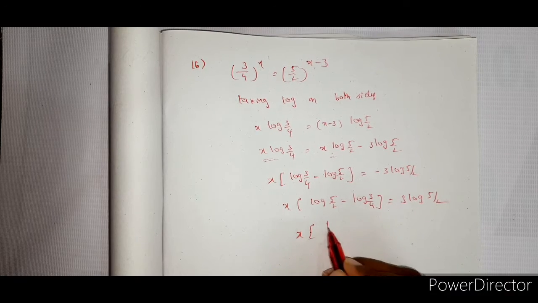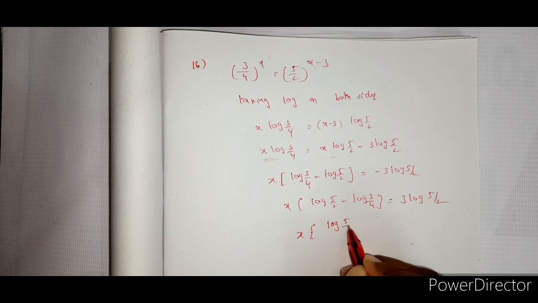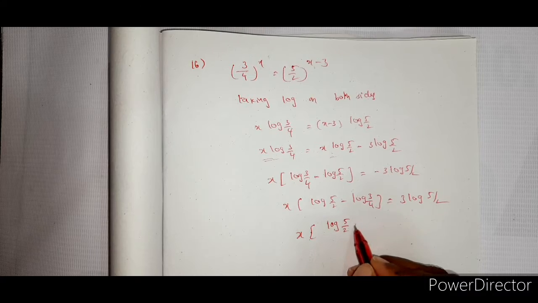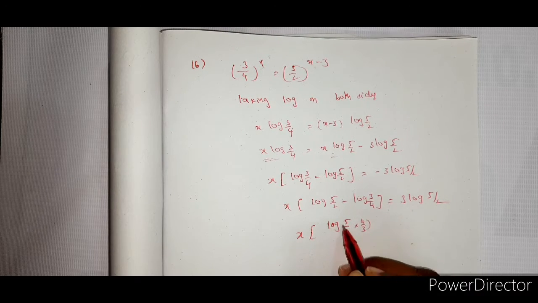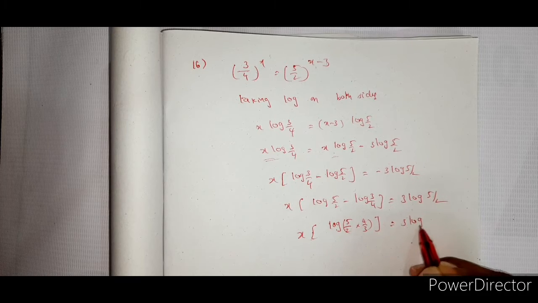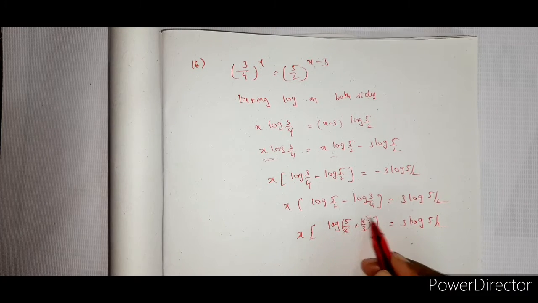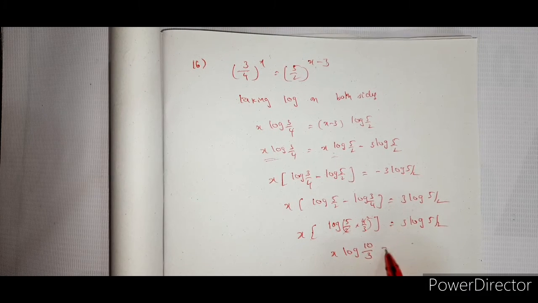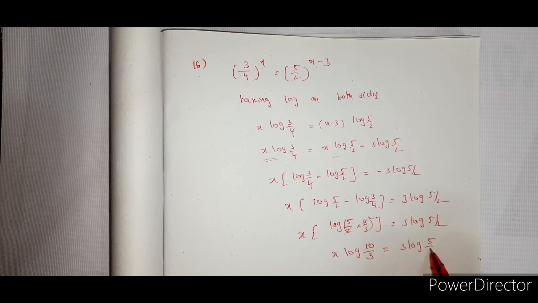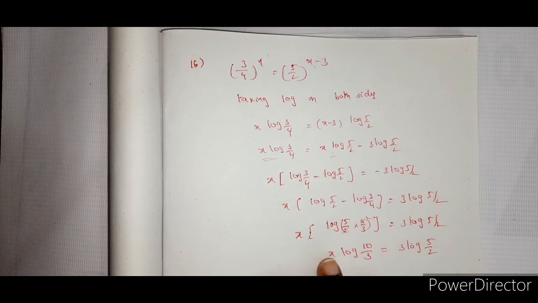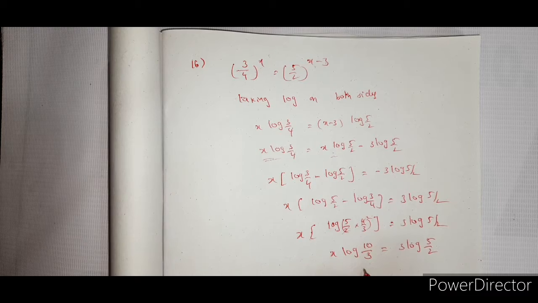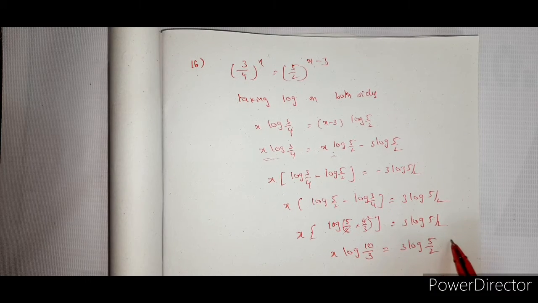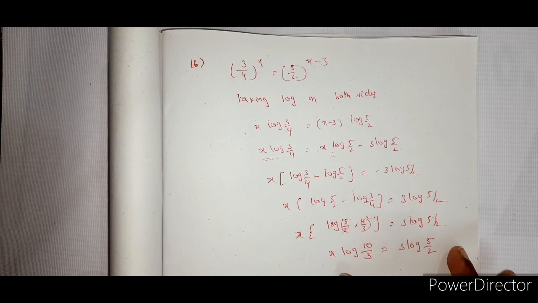Now x into log of (5 by 2) minus log of (3 by 4). Log a minus log b is log of a by b. So (5 by 2) by (3 by 4): reciprocate it and bring it to the numerator, 2 times will go, so 5 twos are 10, by 3. So x log (10 by 3) is equal to 3 log (5 by 2). Now you will understand that we can't cancel. Suppose I write log 10 minus log 3 and 3 log 5 minus 3 log 2, also 5 cube and 2 cube, 8, nothing is going to get cancelled.